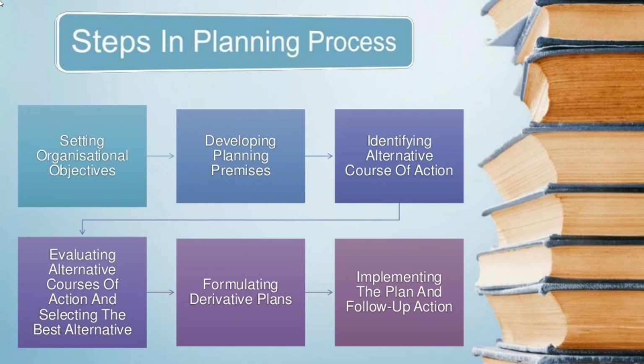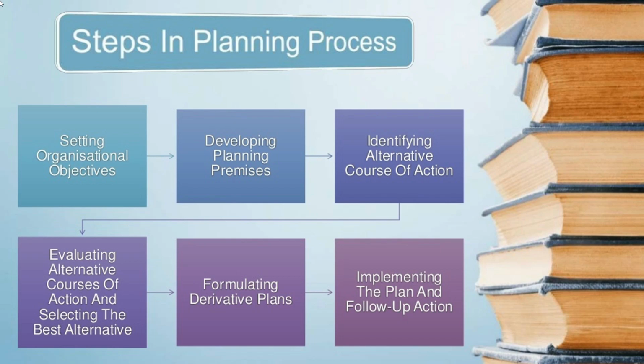Now, in this slide, we are going to talk about the steps in planning process. Let us list down the steps. So the first step talks about setting organizational objectives. The second step talks about developing planning premises. The third step focuses on identifying alternative course of action.